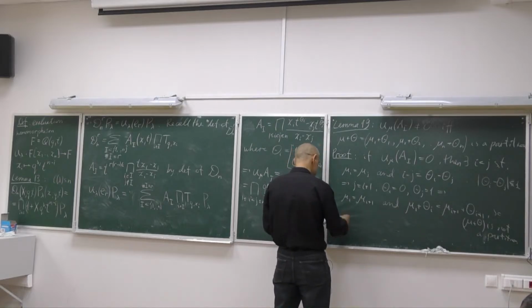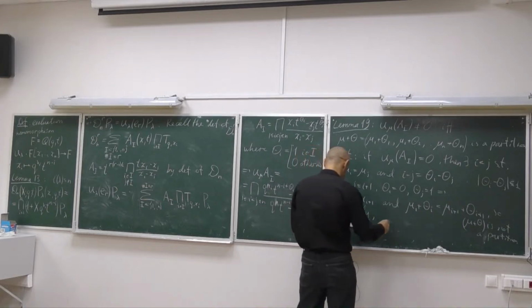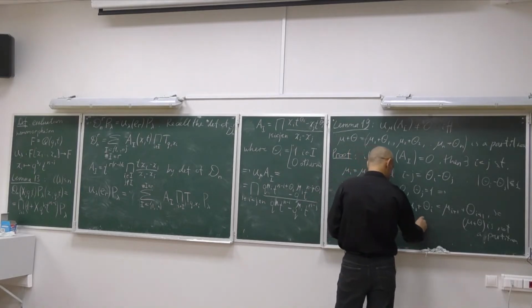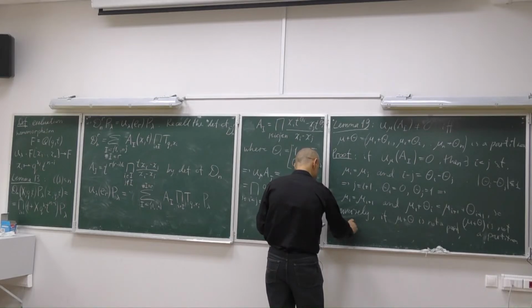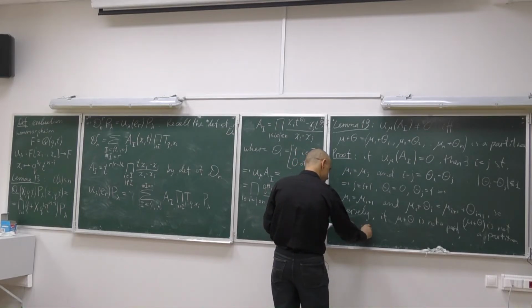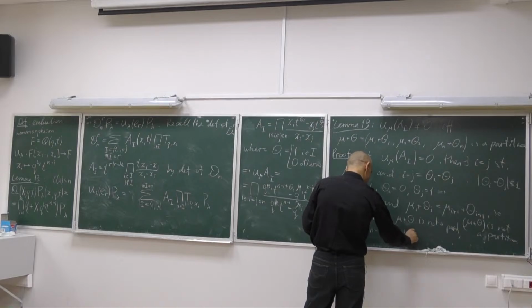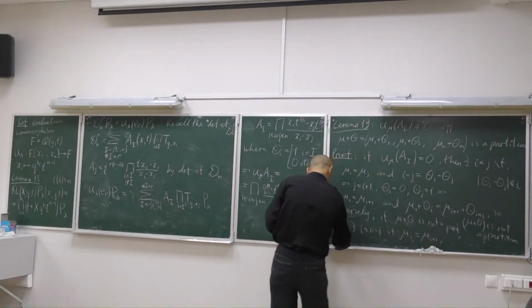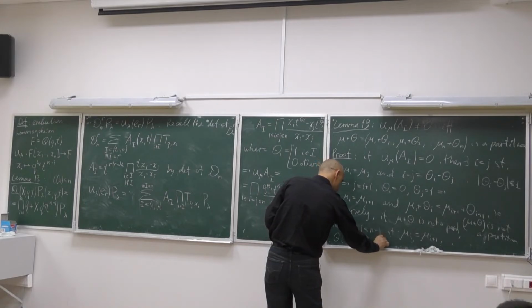Okay, and conversely, if mu plus theta is not a partition, then there is i, not the last one, such that mu i equals mu i plus 1, and theta i is 0, and theta i plus 1 is 1.